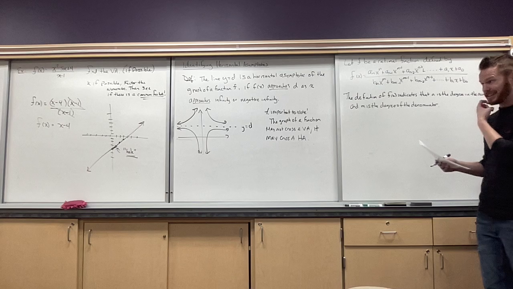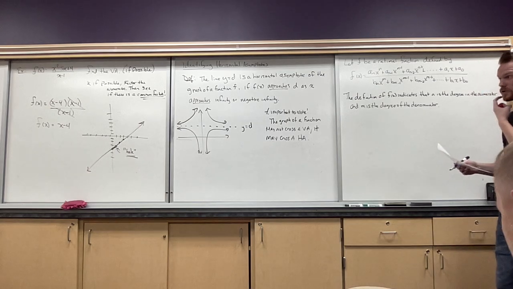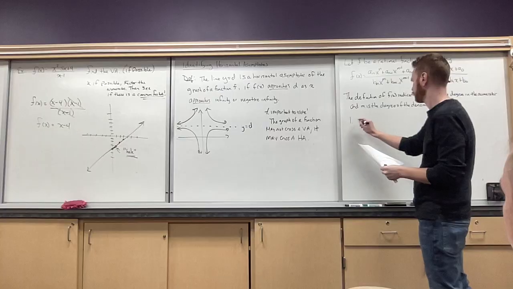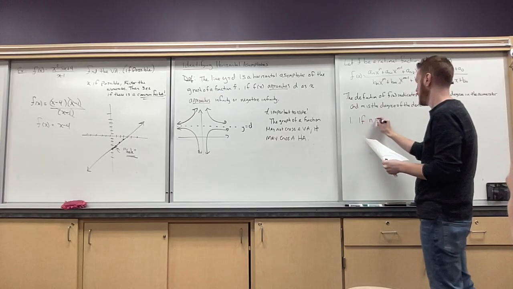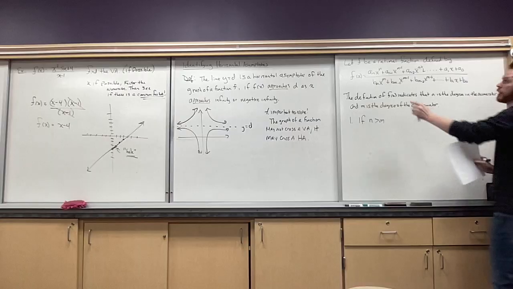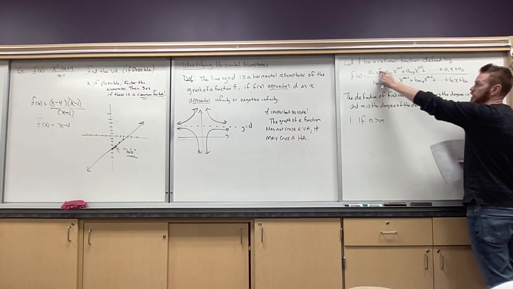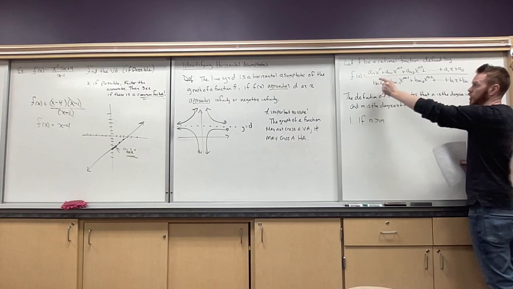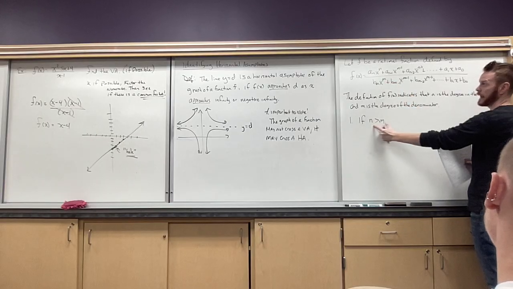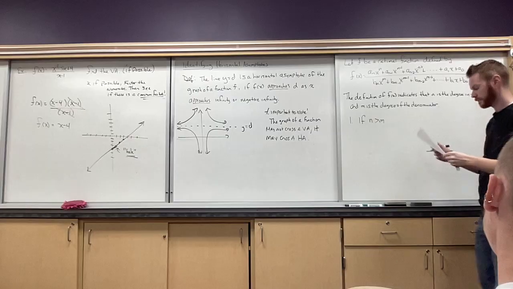Here are 3 cases, or 3 different situations for horizontal asymptotes. Okay, so here's the first one. If n is greater than m, now let me just stop there. What I'm talking about is if the largest degree in the numerator is larger than the largest degree in the denominator. That's why I'm using n and m. So these are talking about the degrees.